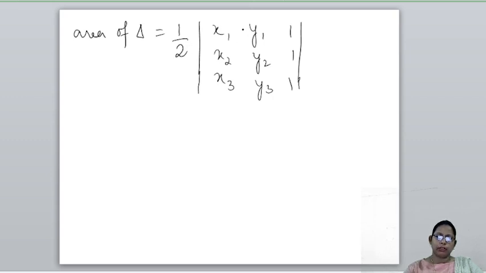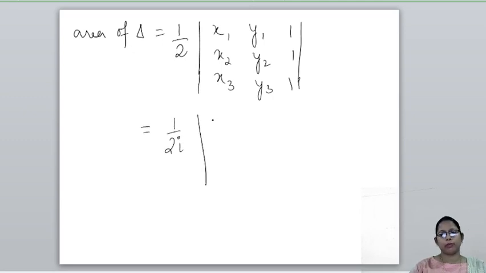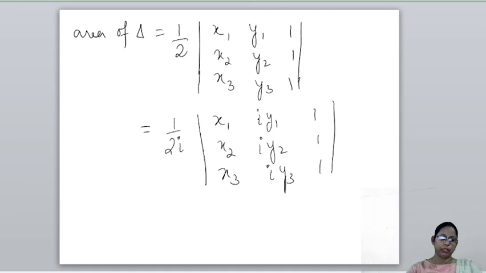When we multiply the second column by i, we multiply by 1 by i, so that it will be equal to 1 by 2i determinant of x1, x2, x3, then i y1, i y2, i y3, then 1, 1, 1. If I take i common from the second column, then this i and this i and that i will cancel each other, and we will get this.